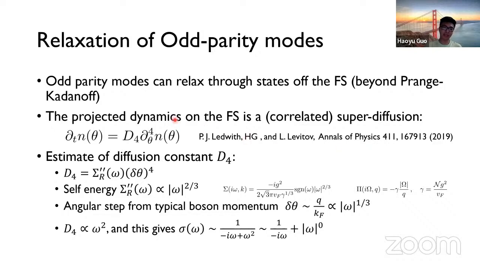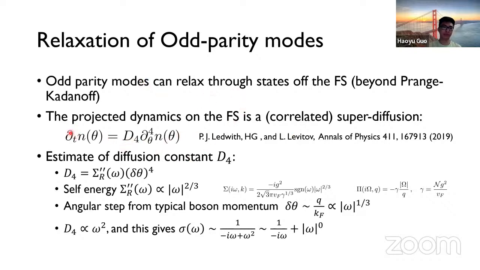So if you want this odd parity mode to relax, you need to go beyond the Fermi surface picture. You need to consider states that are close, but not exactly on the Fermi surface. Because the relaxation of odd parity modes requires a radial relaxation of the Fermi surface, which is intertwined with the odd parity dynamics.